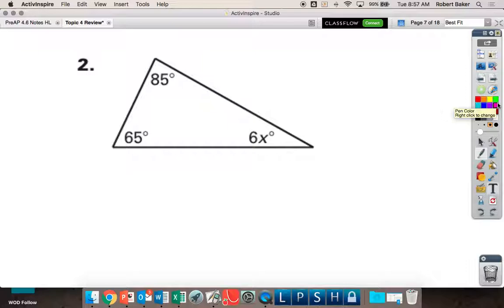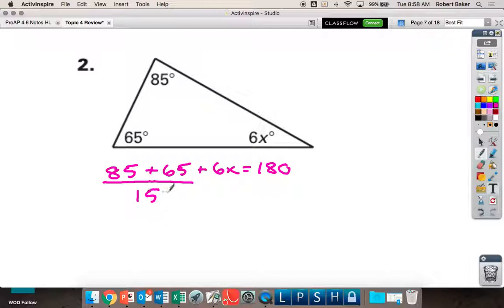Or you could say 3x plus 60 equals 180. In this triangle, you have to do that, right? There's 3 angles in the triangle. 1 angle is missing. You have to add all of them up so they equal 180 degrees. So 85 plus 65 plus 6x all add up to 180. Combine your like terms. 85 and 65 make 150.